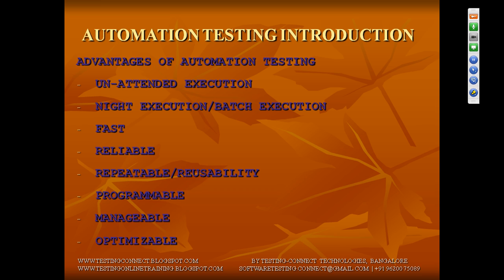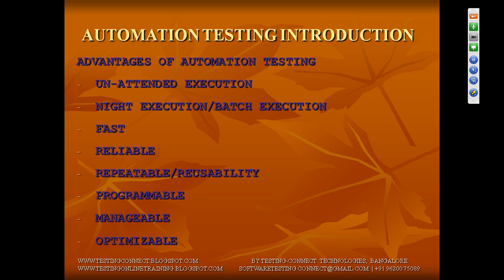So while implementing a framework, keep in mind that if your application is optimizing and your application requirements are changing, your framework also should be optimizable in such a manner. Your application is changing from time to time, so your automation framework also should be optimizable. That is nothing but optimizable.